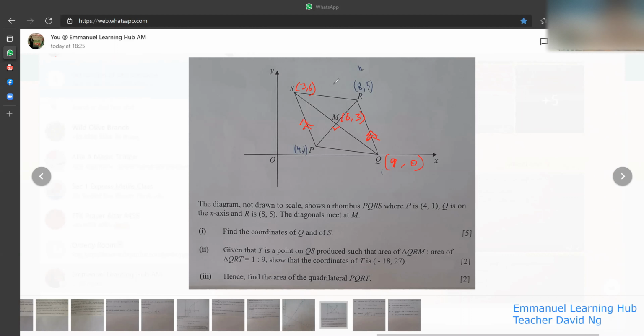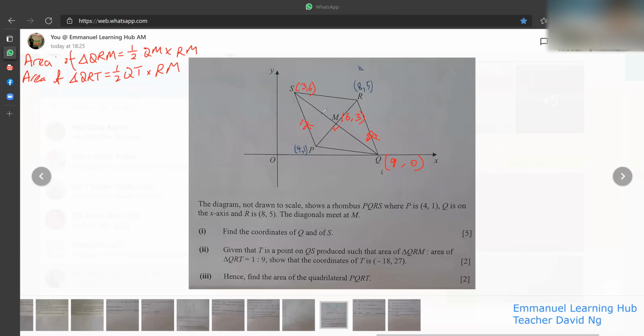So you have the area of QRM, and the area of QRT is half QT times RM.